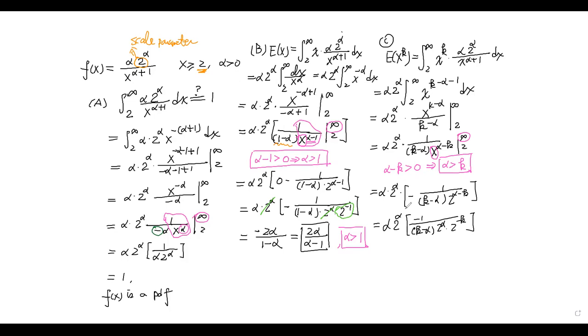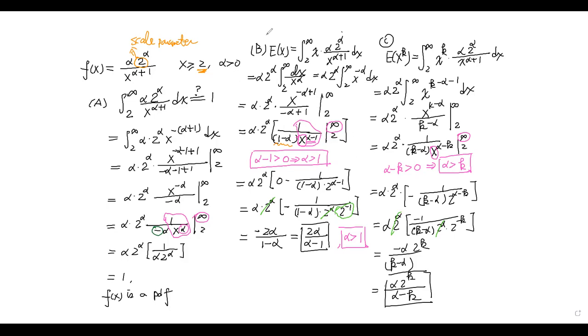And then we will just cancel alpha. All right, so that's why this is negative alpha, then k minus alpha, and then this one will be 2 to the k power, right? So if you don't want the negative sign here, you can have alpha 2 to the k over alpha minus k here, right?